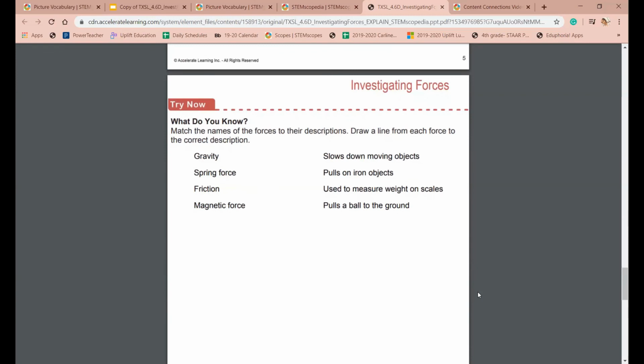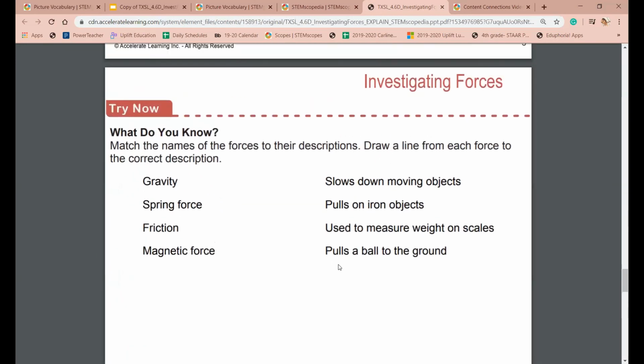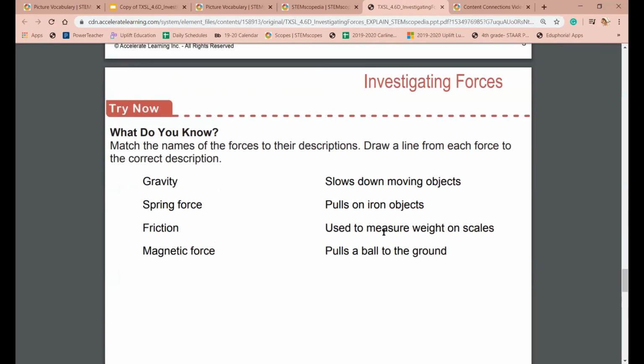So hopefully you are very familiar with what all of these terms mean now, and we're going to play a quick game, okay? We're going to match the names of these forces to their descriptions. Y'all are going to help me draw a line from each force to the correct description. First one, gravity. All right.